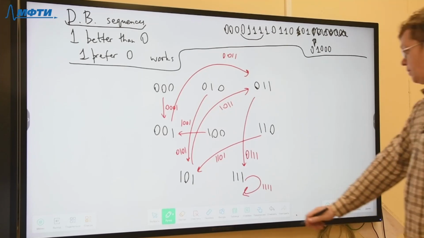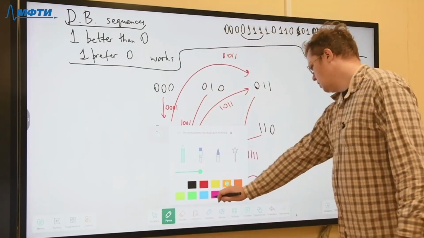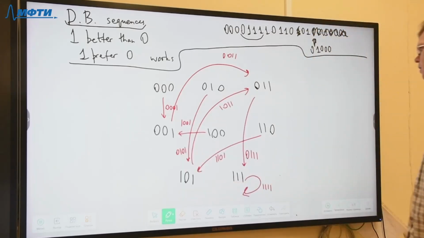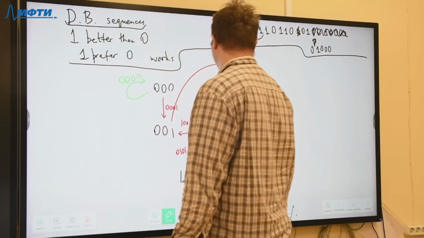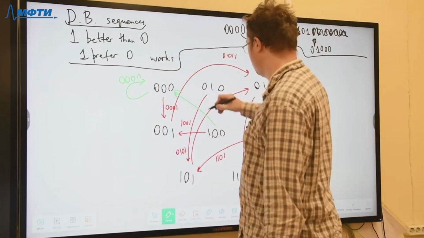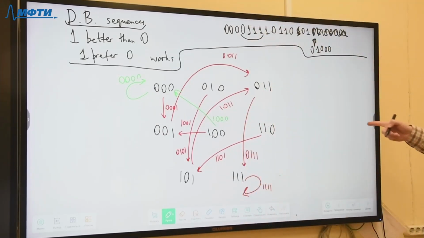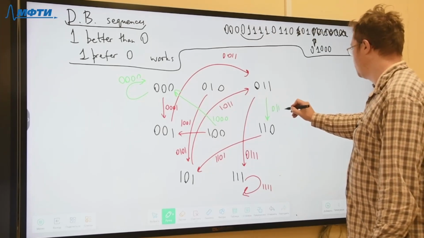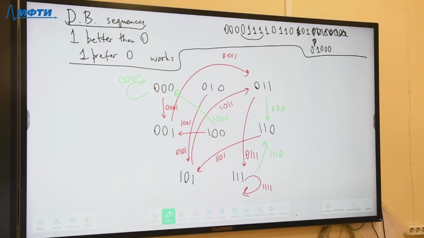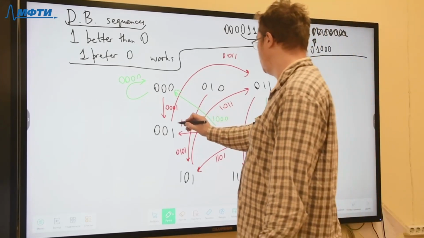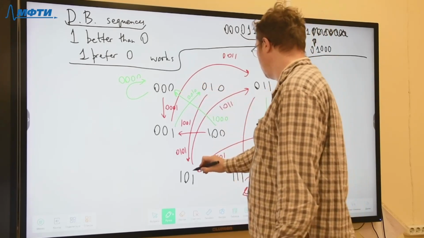Okay. And for the green edges, I will have all zeros, 1 and all zeros. 1, 1, 0, 0, 1, 1, 0, and 1, 1, 1, 0. For 0, 1, 0, I will have 0, 0, 1, 0, and 1, 0, 1, 0.